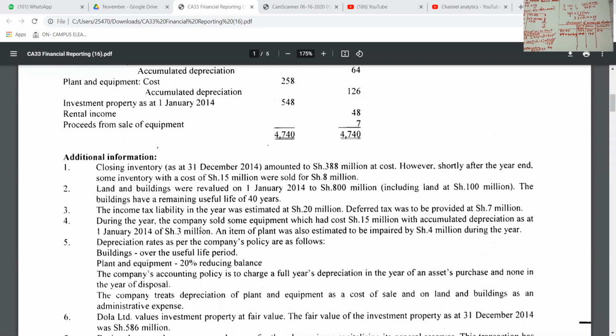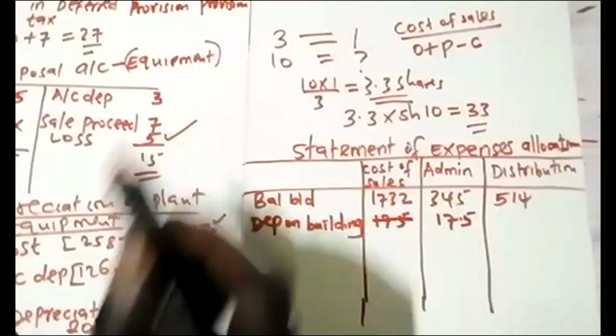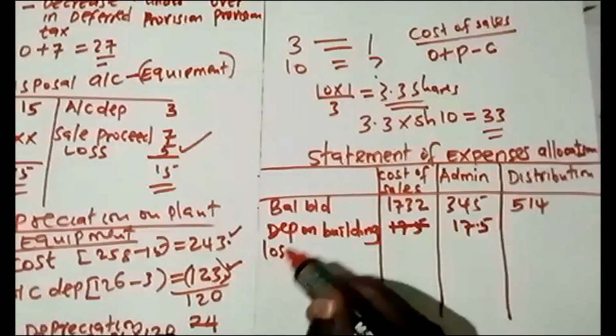Number 4, remember we did a disposal account. We got a loss of 5. Where can we classify that?